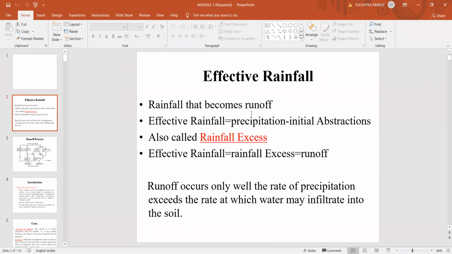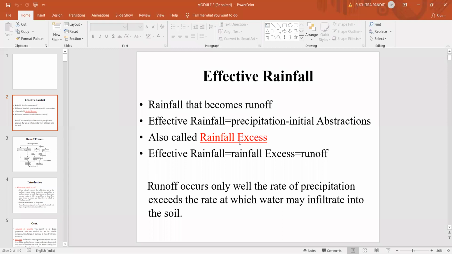The portion of rainfall that becomes runoff is called effective rainfall. Effective rainfall is nothing but the precipitation that has taken place in a particular area minus the initial losses or the initial abstractions. It is also called rainfall excess, and runoff is also called the rainfall excess.